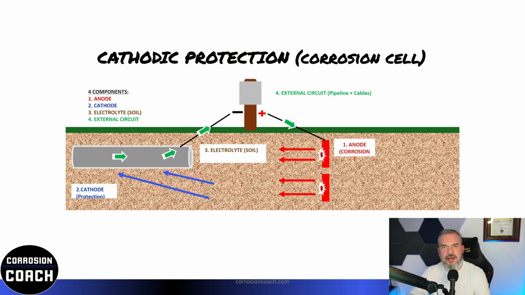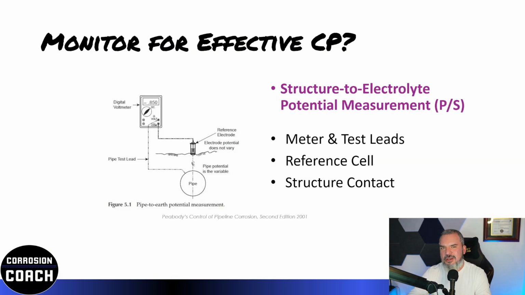I'm feeling pretty good about it, but I can't just set it and forget it. I've got to go prove that we're meeting criteria. Another way to put that is I've got to go prove that I'm achieving cathodic protection. I am not corroding. So how in the world do we do that? The most basic thing that we do is something called a pipe to soil potential.